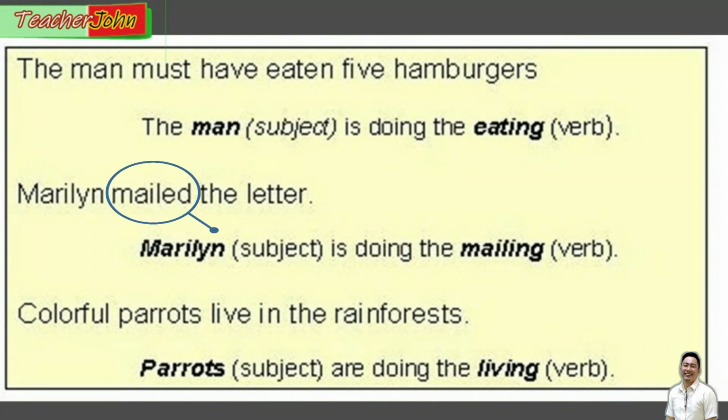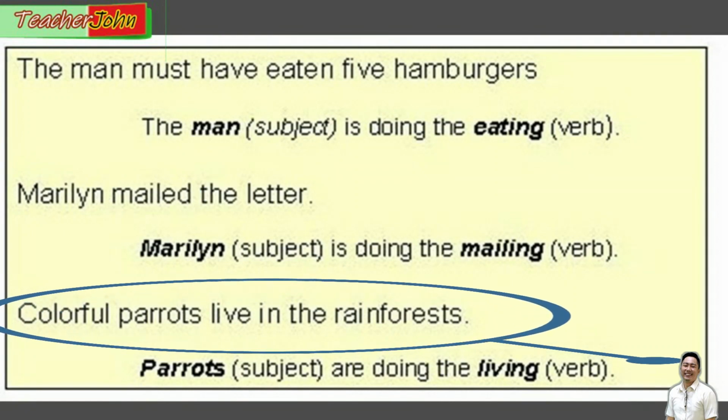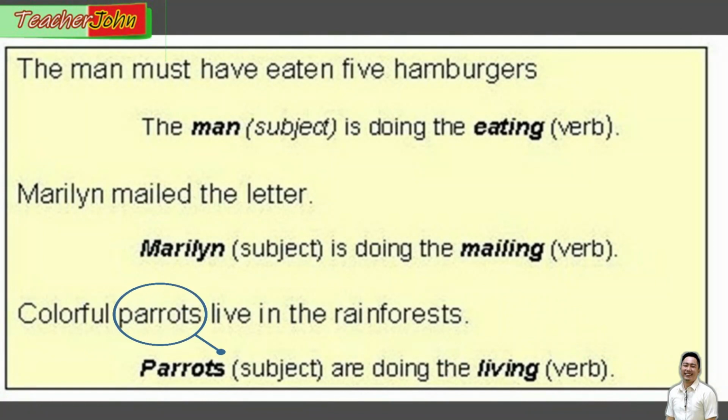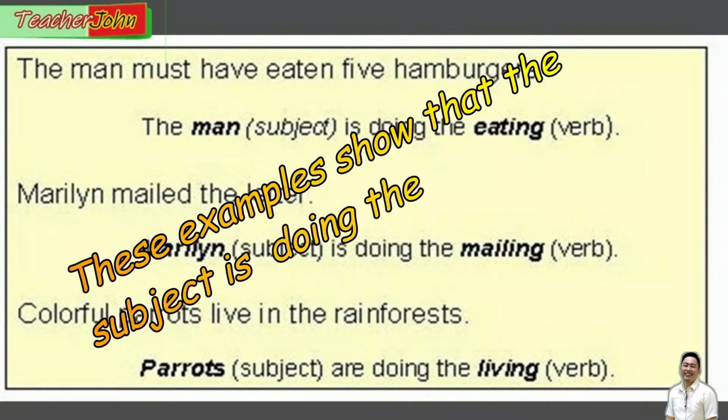Mailing is the verb. Colorful parrots live in the rainforest. Parrots is the subject, and living is the verb. Parrots are doing the living. These examples show that the subject is doing the verb's action.